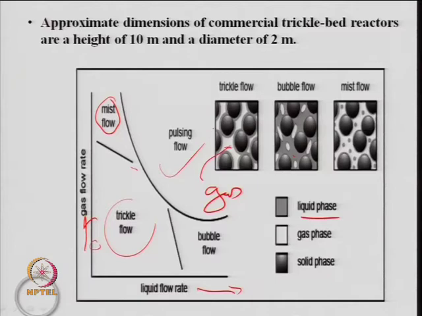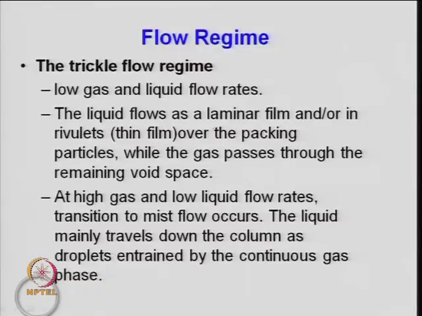It will be kind of your packed bed reactor type. So, what I mean to say is that when you have a trickle bed reactor and you want to operate it under trickle flow, you need to have a low liquid flow rate, and relatively low gas, compared to a packed tower. So, you have gas and liquid flow rates controlled, where the liquid trickles on the surface of the solid and gas passes through or diffuses through that.